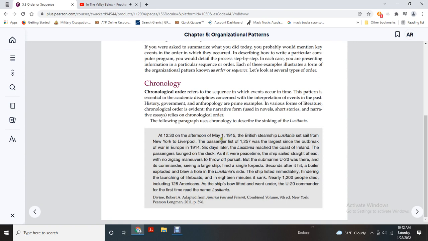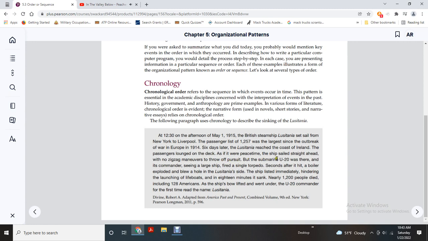At 12:30 in the afternoon, May 1st, 1915, the British steamship Lusitania set sail for New York from Liverpool. Passengers listed 1,257, the largest number since the outbreak of war in Europe in 1914. Six days later, the Lusitania reached the coast of Ireland. The passengers lounged on the deck as if it was peacetime. The ship sailed straight ahead with no zigzag maneuvers to throw off pursuit.